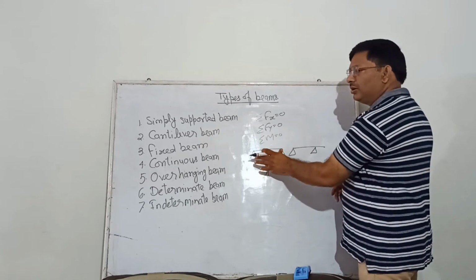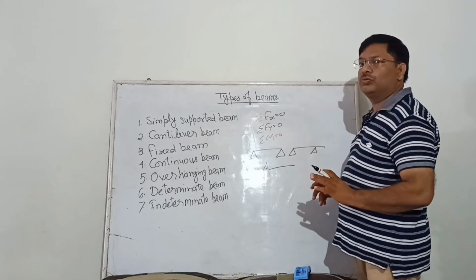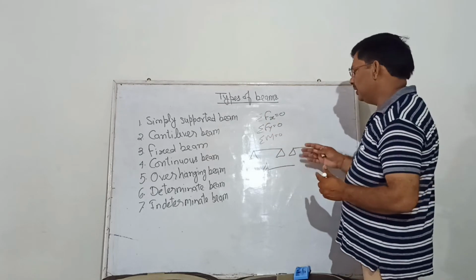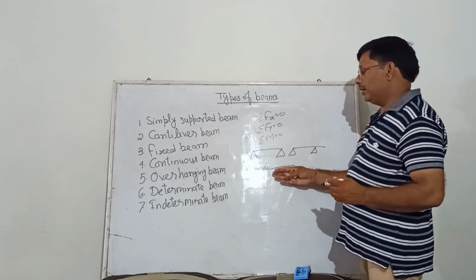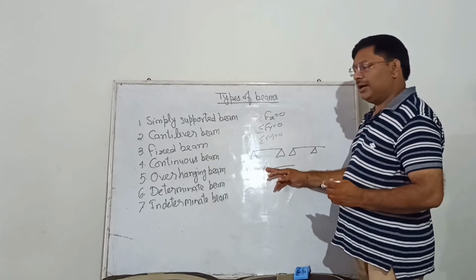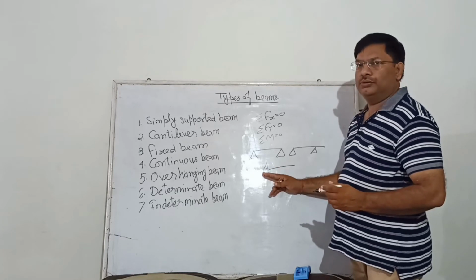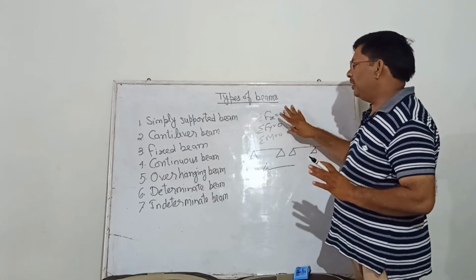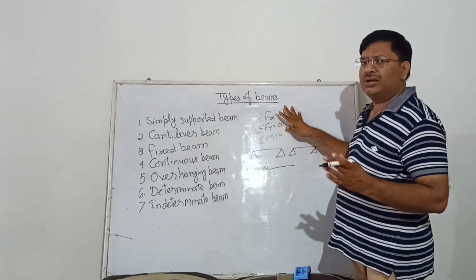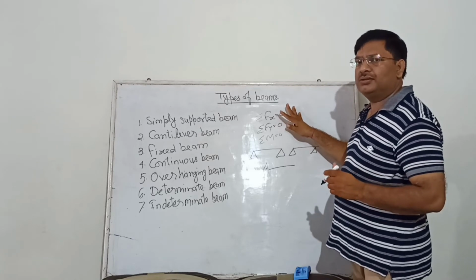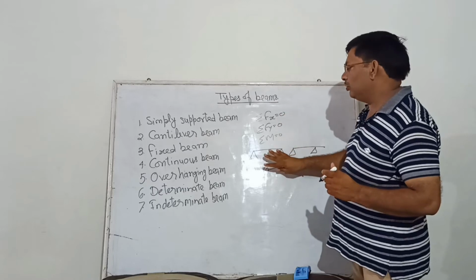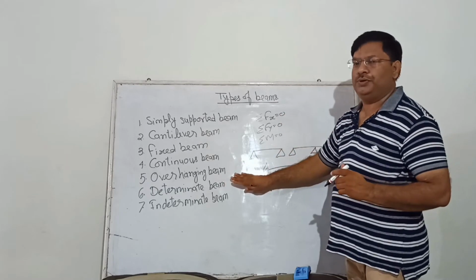So only two unknowns are there, and we have three equations to solve, so we can easily find the reactions. Similarly in the case of overhanging. Now, in the case of a cantilever, we have one vertical reaction, one horizontal reaction, and one moment. So three unknowns are there, and we have the three conditions of equilibrium. So we can easily find the value of the reactions as well as the moment. So these types of beams are known as determinate beams.